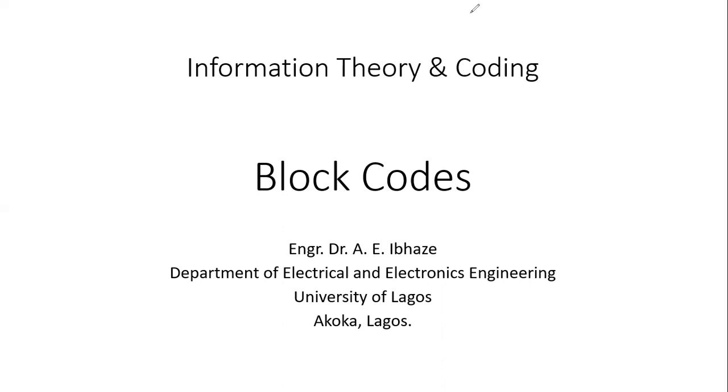And another technique is the forward error correction, which relies on controlled use of redundancy in the transmitted code word for both the detection and correction of errors on transmission over a noisy channel without the need for any retransmission. So basically, error correcting codes are classified into block codes and convolution codes. In this lecture, we'll be talking about the block codes.